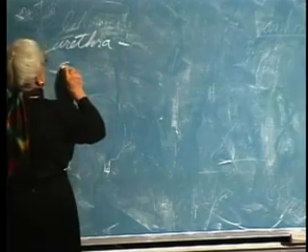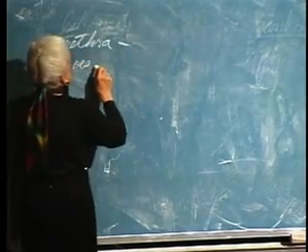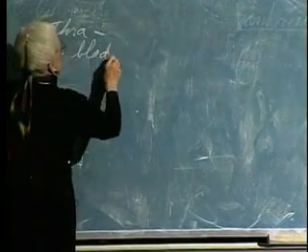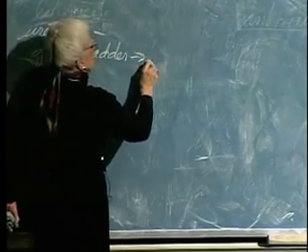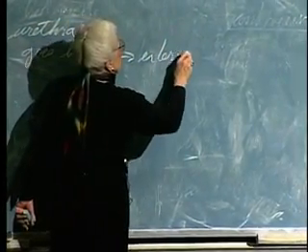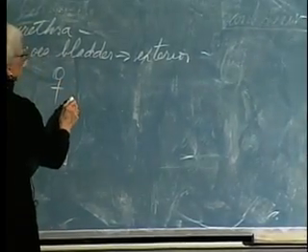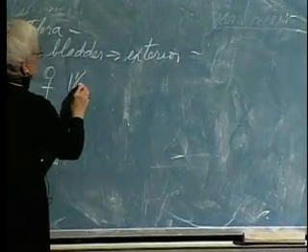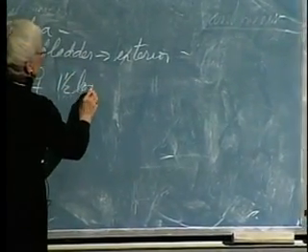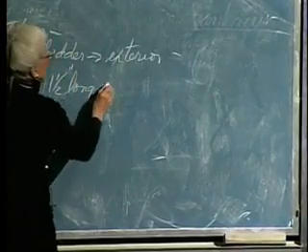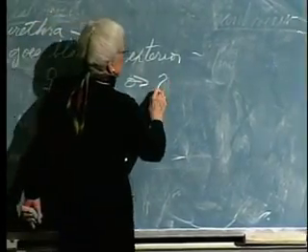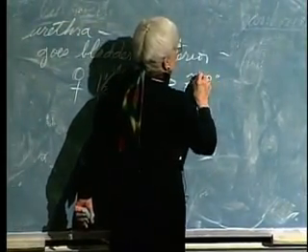Urethra, as we said, goes from bladder to exterior. In the female, the urethra is about 1.5 inches long. In the male, it's between 7 and 8 inches long.